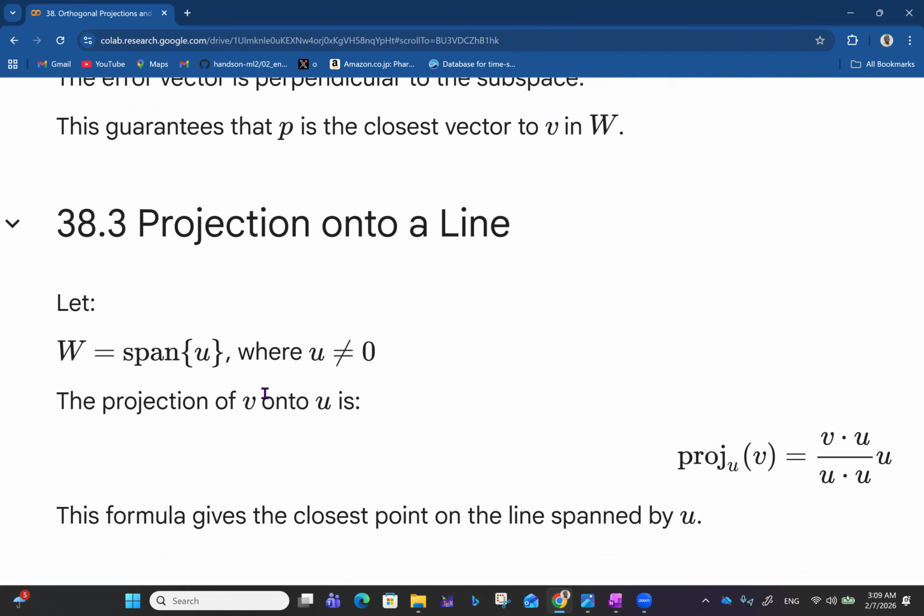So the projection of V onto U is given as V dot U all over U dot U, multiplied by U. Of course, V dot U is a scalar, U dot U is a scalar, so this whole ratio is a scalar, but then this U is here to ensure that you still have a vector. And by doing this, you would have projected V onto U. So this formula gives the closest point on the line spanned by U.